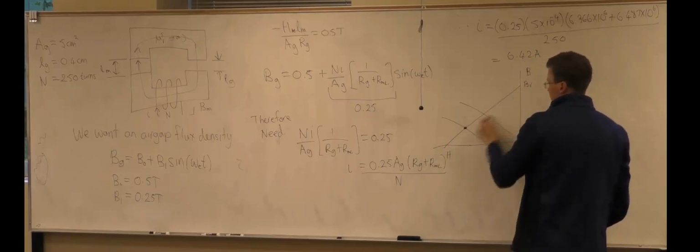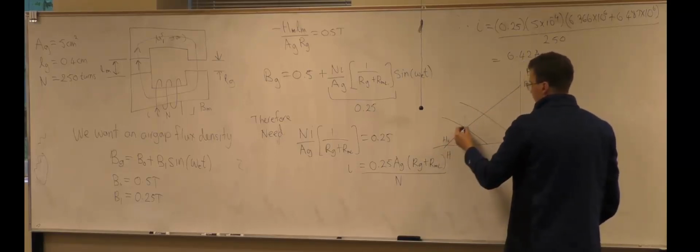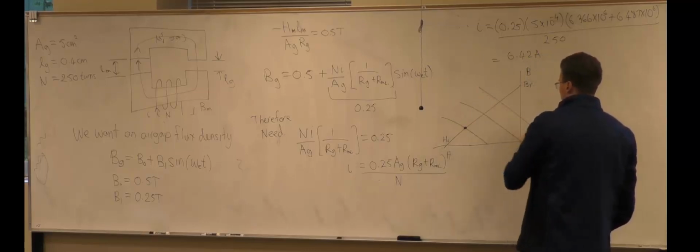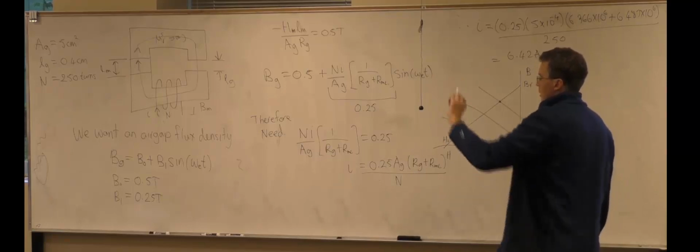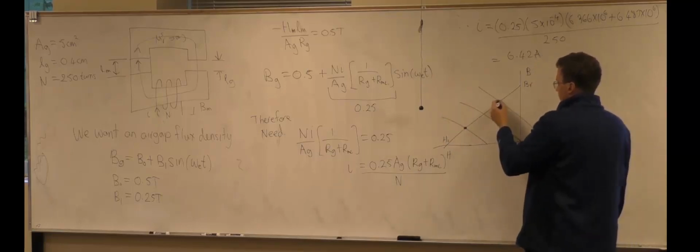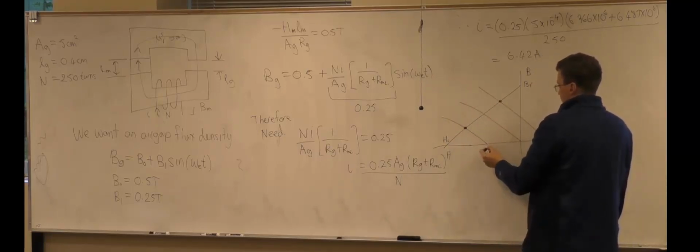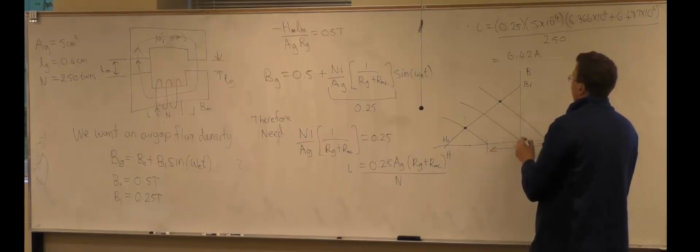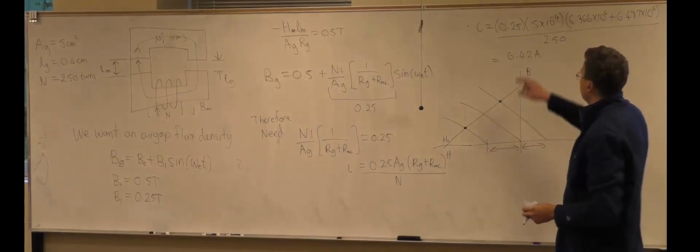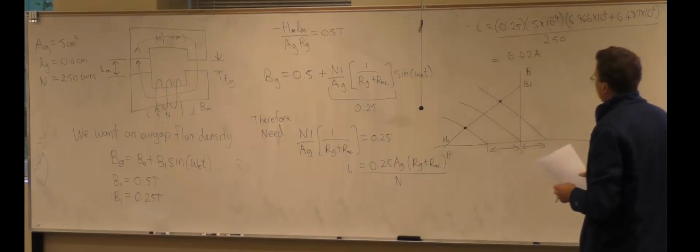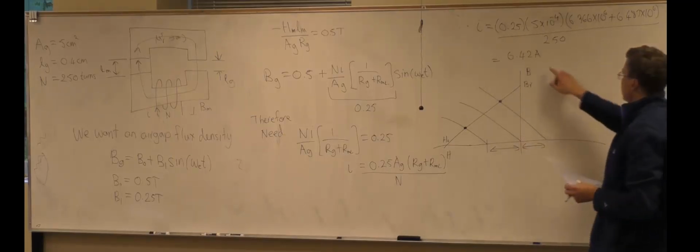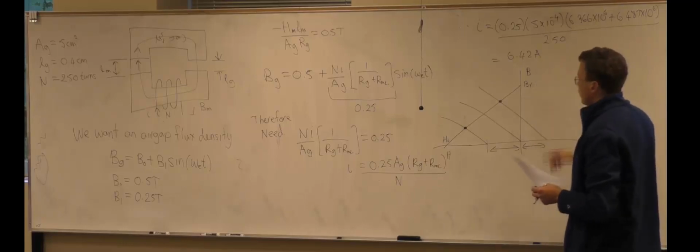This is the BR, this is the HC. And if we're applying the current to add to the flux of the magnet, we'll be moving up the BH curve. This variation will be determined by the current excitation, and this gives the maximum to get that 0.25 Tesla.